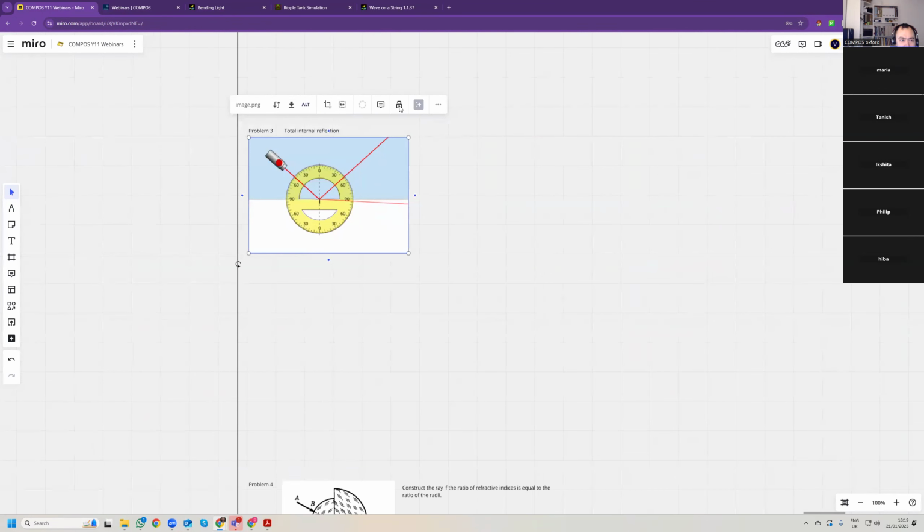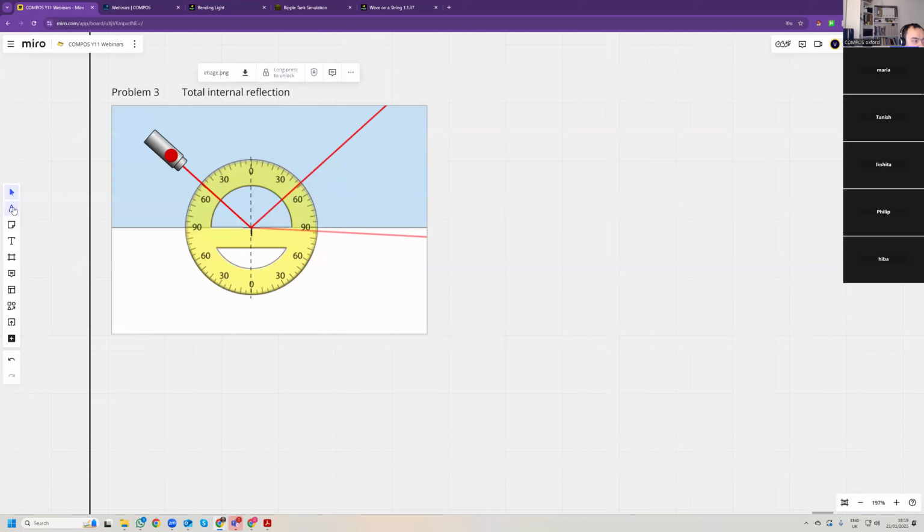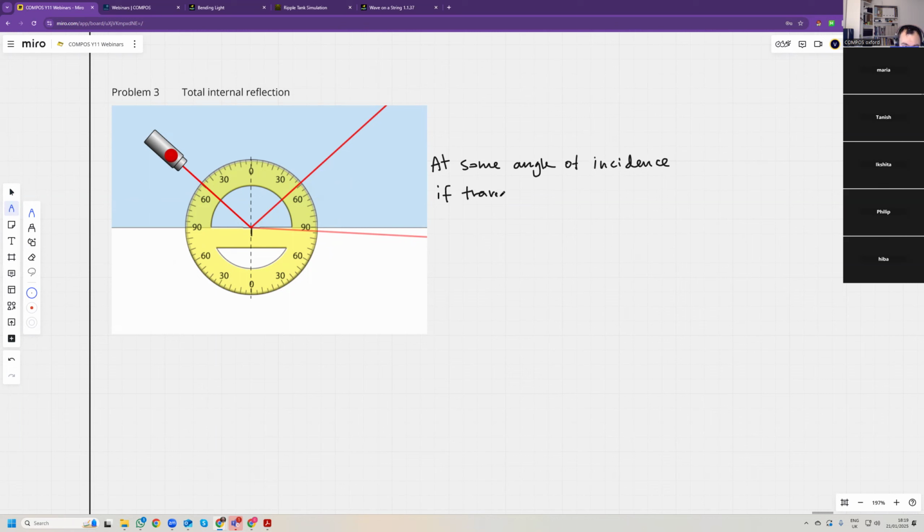At some angle of incidence, if traveling from a denser to a less dense medium, the refracted ray disappears.